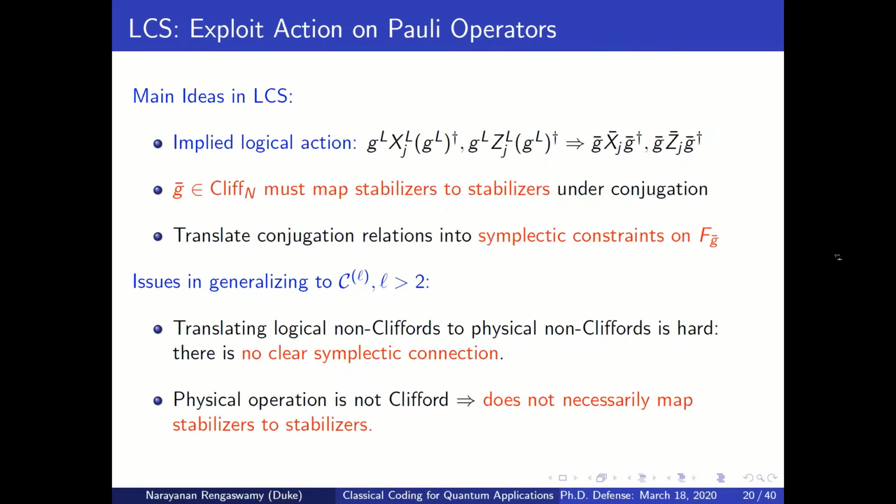So these are the problems we faced: no clear symplectic connection and this problem. Our solution is that for QFT gates, you do have a symplectic connection now, and you don't have to map stabilizers to stabilizers. All you care about is preserving the code subspace, which means you preserve the projector onto the code subspace. So instead of looking at the stabilizer, look at the projector.